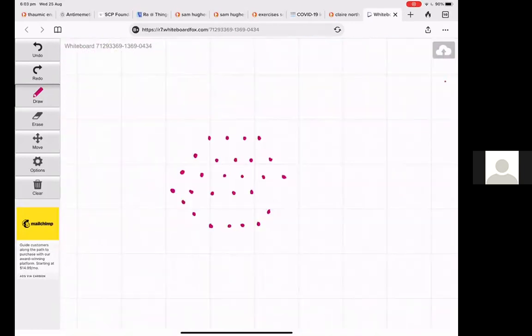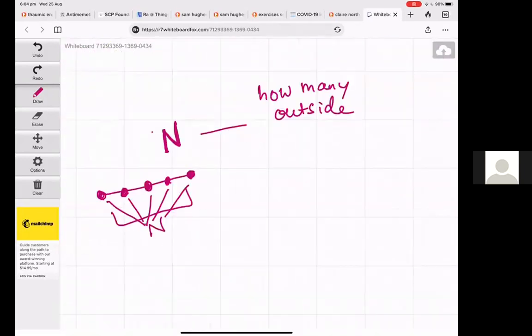So if you count your first row of dots on the top, you see 5, right? And then you just minus it by 1. That's 4, because of the last one. Okay, so if it's n, instead of 5, put n there.